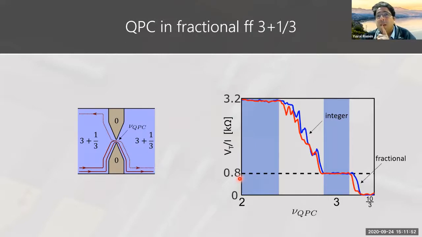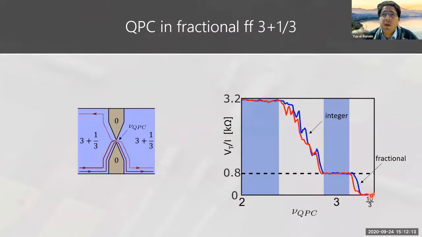I'm not sure. Well, it would be simple if you just showed the 0 to 1/3 first, because you see the Laughlin state, the 0 to 1/3, you see 1/3 coming back? Yes. Here I show a bulk conduction of 3 plus 1/3 instead of 1/3.